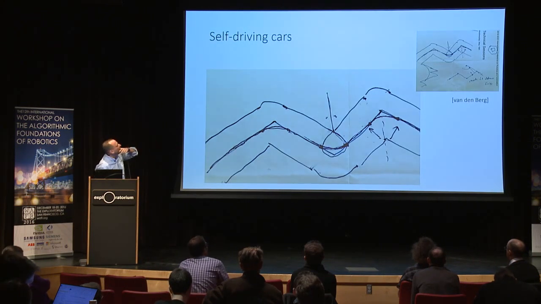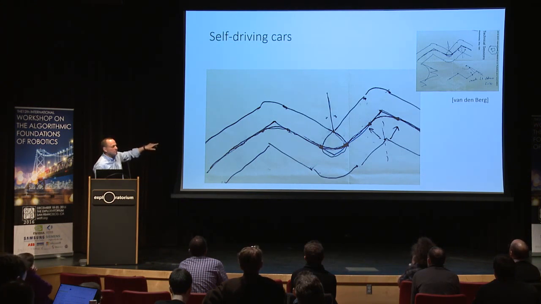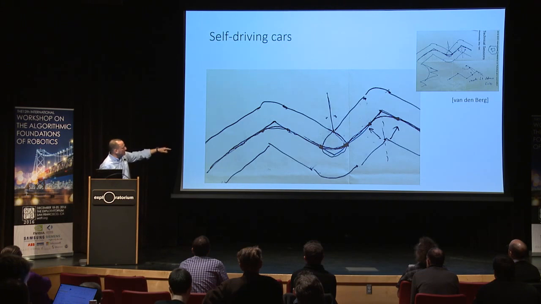Those of you with sharp eyes will see that this is from a scratch pad from the last ICRA, where Joe Vandenberg described a solution to smoothing a path for a self-driving car to me. And you get in the middle the original path. It's a polygonal path.